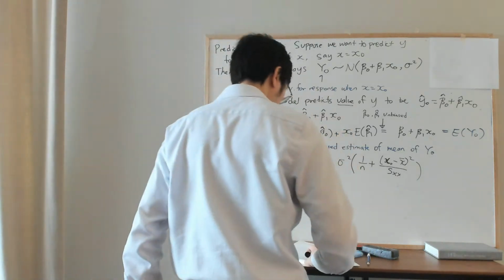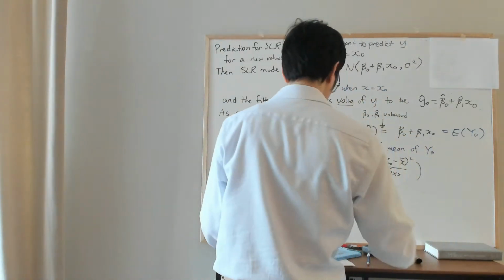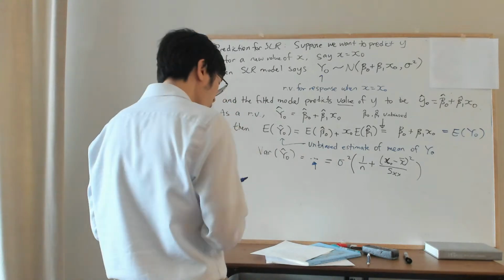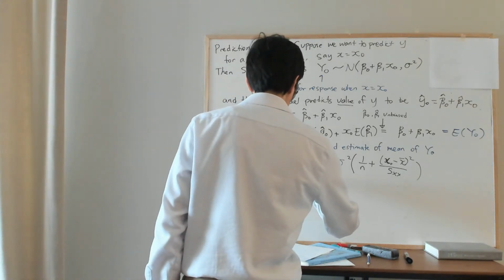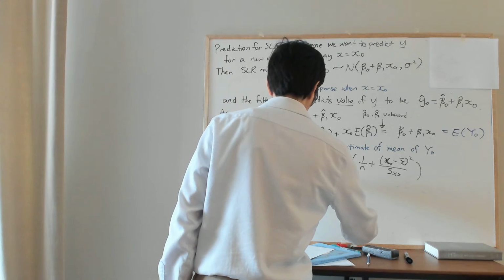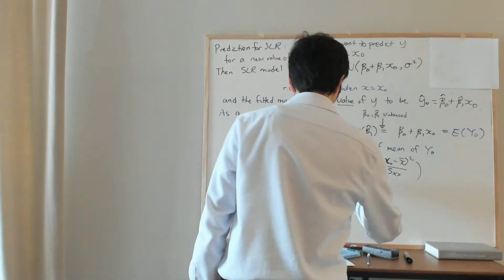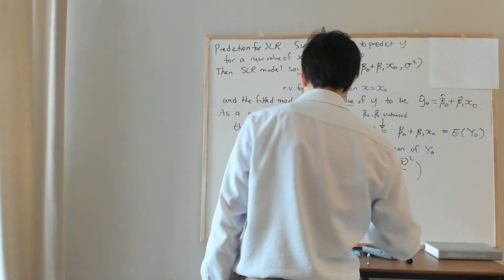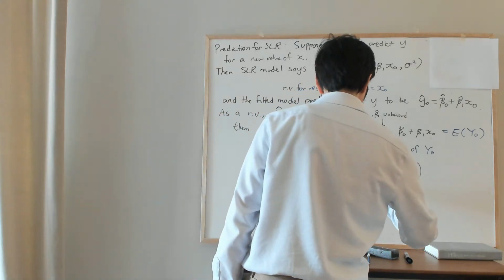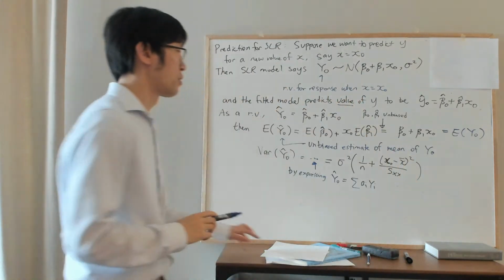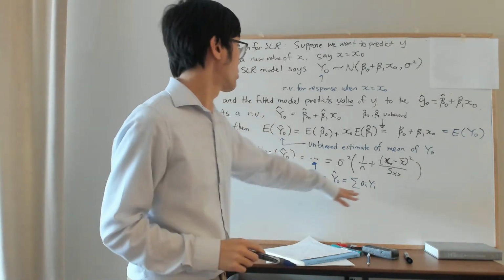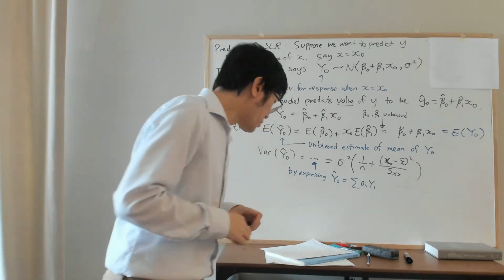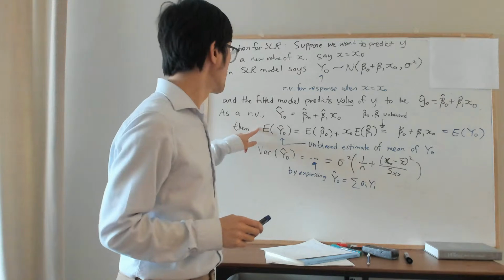How do we get this? As I mentioned, we can get this by expressing y0 hat as a linear combination of the y's. I will omit that algebra, but I've explained why that can be done. So that's the mean and the variance.